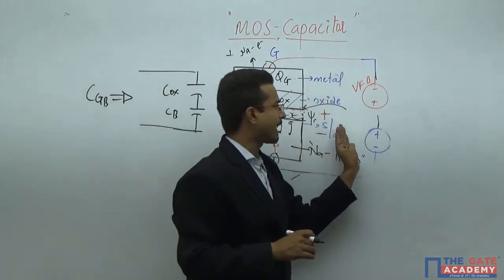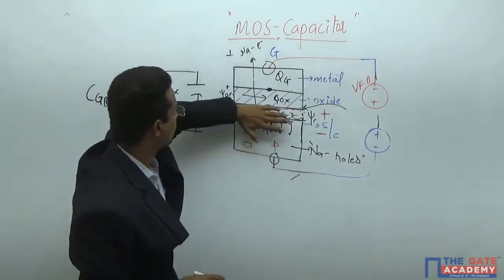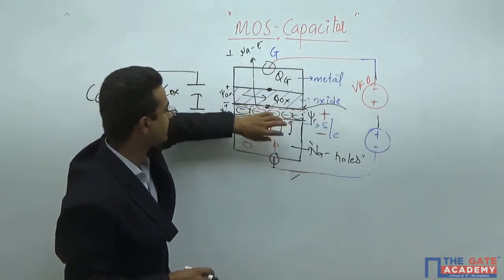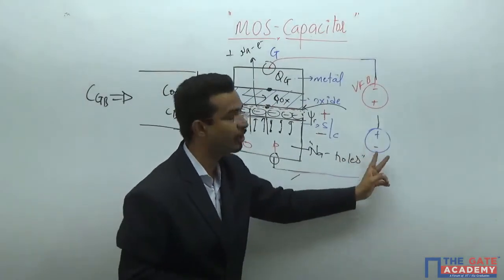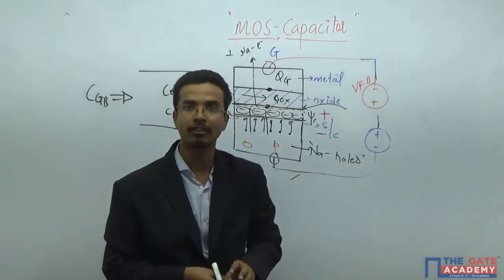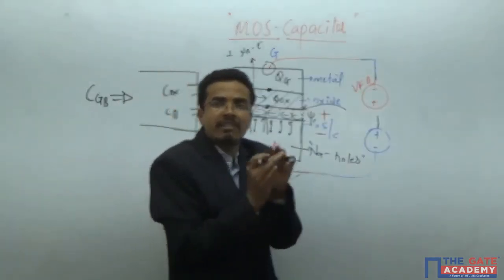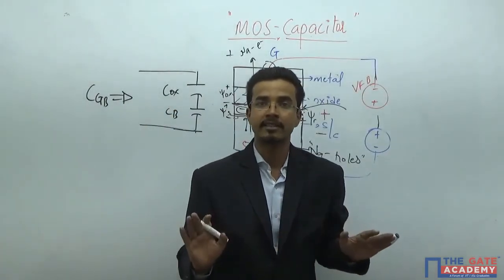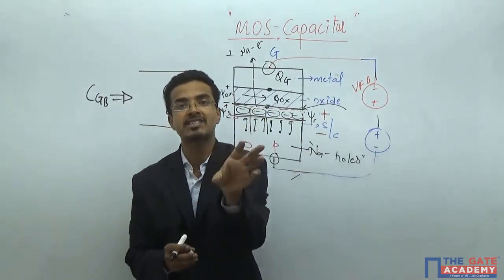If you are not applying anything here, that means if the VGB is 0, then this will go to hell, because all these charges will be introduced only whenever the VGB is greater than 0. Otherwise, what will happen? Either you will get holes, and holes will never participate in the capacitances, because to get the capacitance, there should be ions or fixed charges.